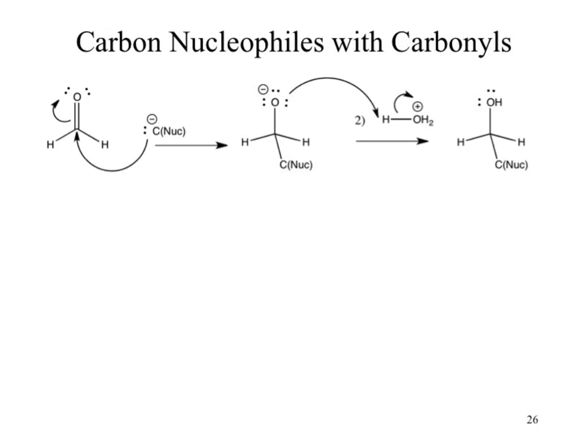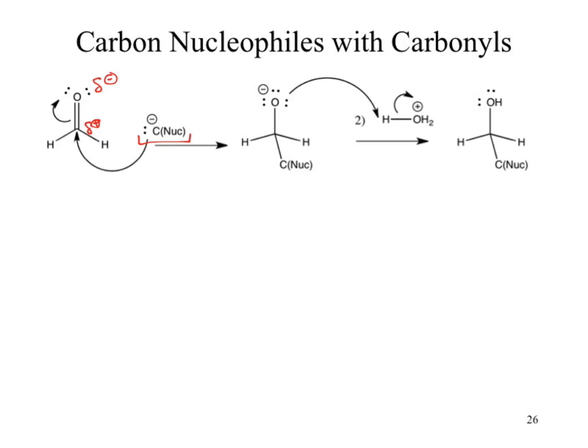So, carbon nucleophiles. So if we start with formaldehyde, we can have that nucleophile, whatever it may be, go through and attack our carbonyl. The carbonyl separates as a partial negative and a partial positive. Because we're working with a what type of nucleophile?